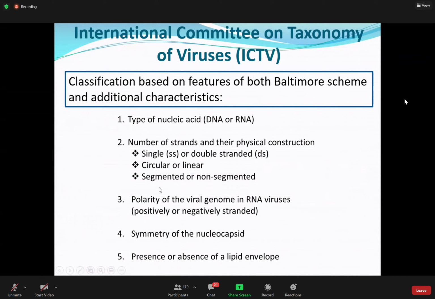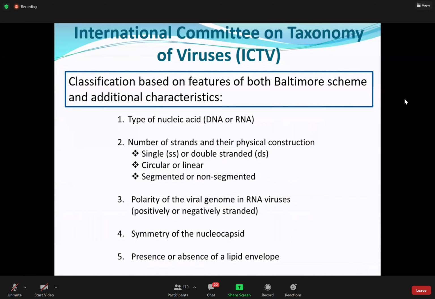As I said, because of genetic sequencing, we can now more accurately classify or give some structure to classifying viruses within these different families. But the thing is that this is so dry that it really hasn't taken off.